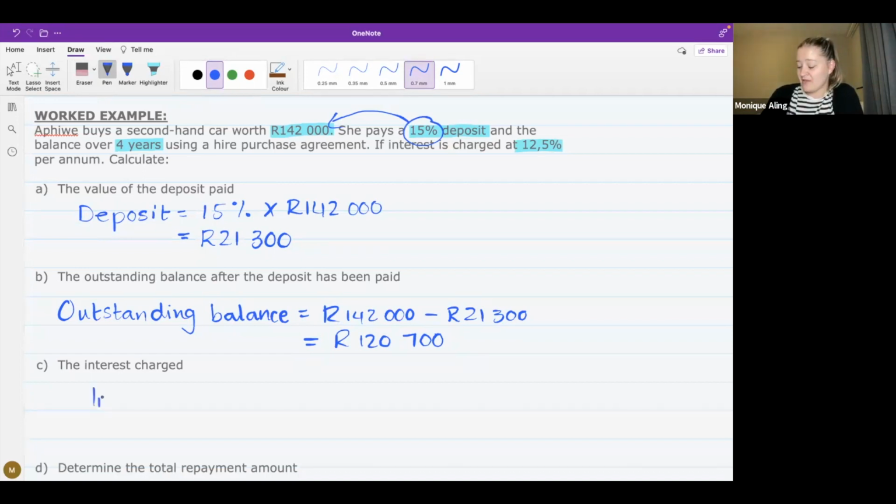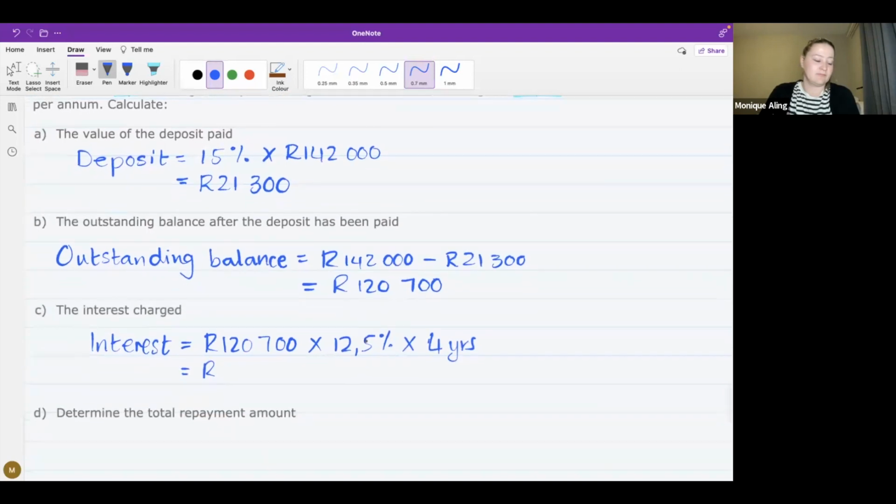Remember, we take our amount being borrowed or loaned out, it's 120,700 times by the interest rate, which is 12.5%, times by the period, which is 4 years. So how much interest is charged? It is going to be 60,350 Rand.